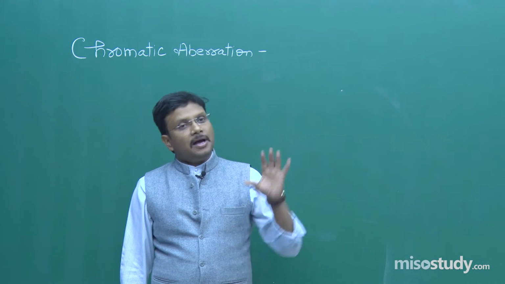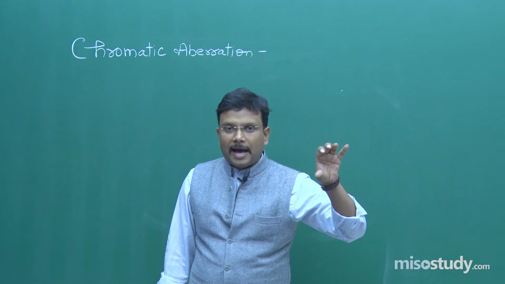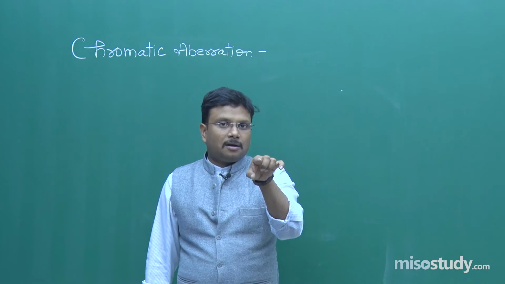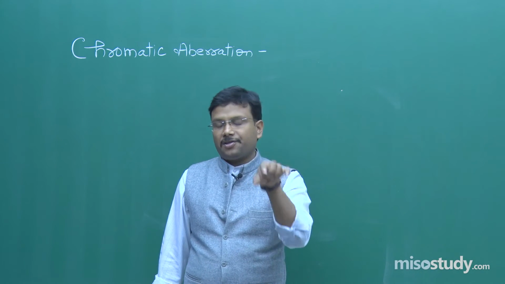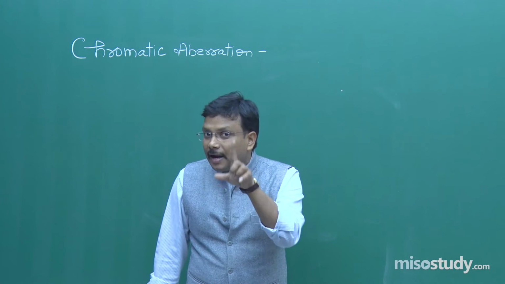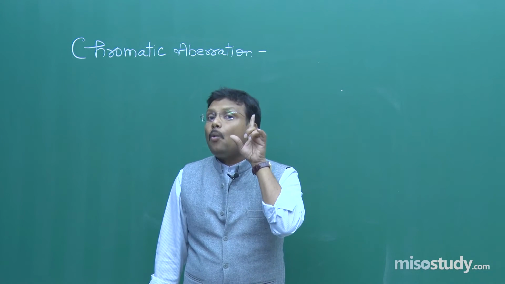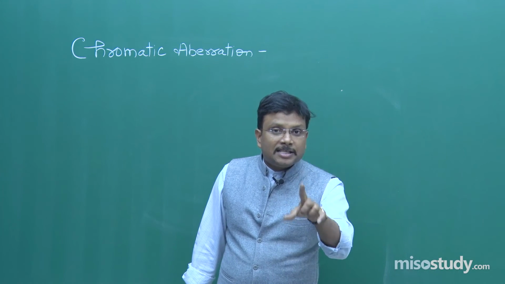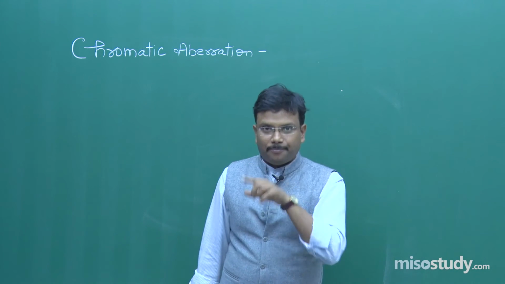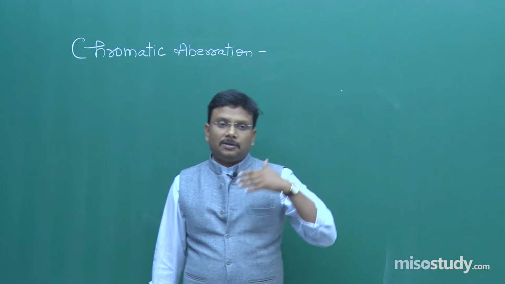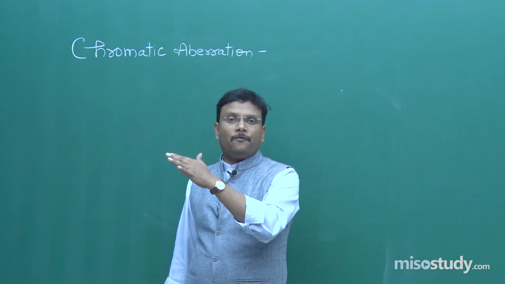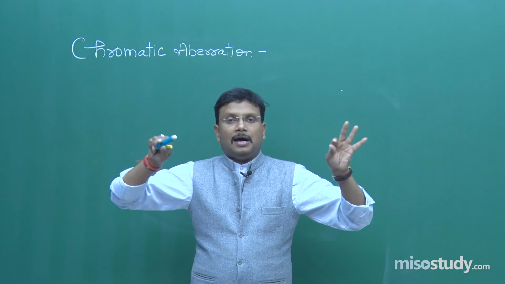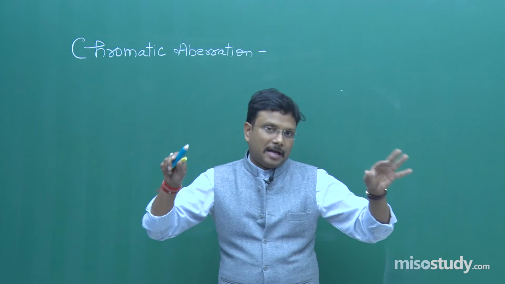In vacuum the speed of all 7 colors is the same, but the moment they enter the medium of the lens material, the refractive index depends upon wavelength. So the velocity of each color is not going to be the same. The color with more velocity will pass through first, the lesser one second and so on. So every color will create its image in that fashion.